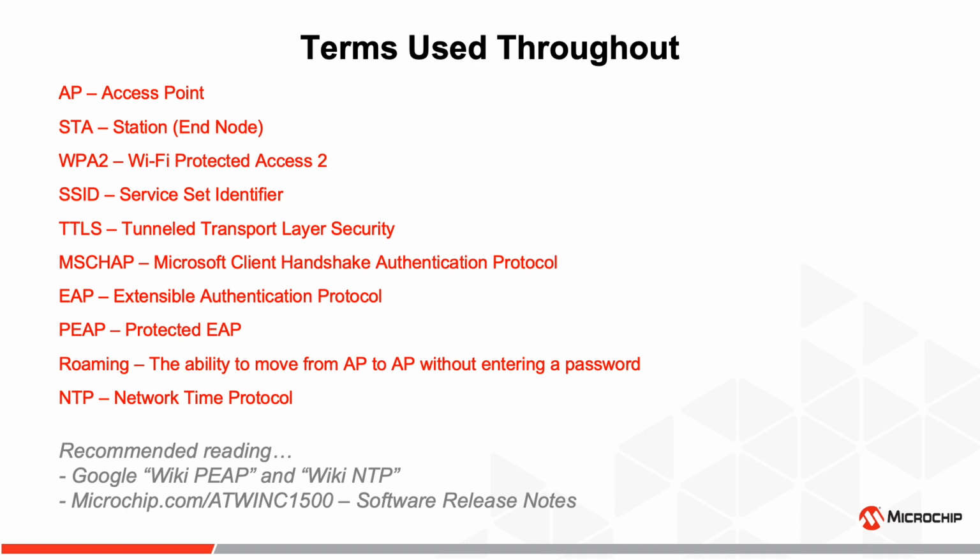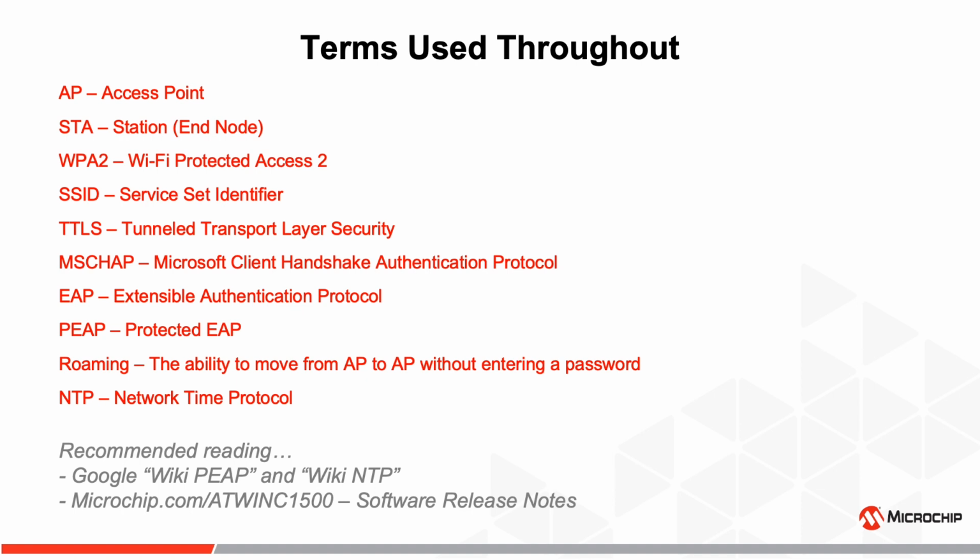You'll see MS-CHAP, which is a quite old, actually, Microsoft protocol for authentication. You'll see the term EAP, and this is standing for Extensible Authentication Protocol. You'll see PEAP, which is a variant of that, which just means Protected EAP.